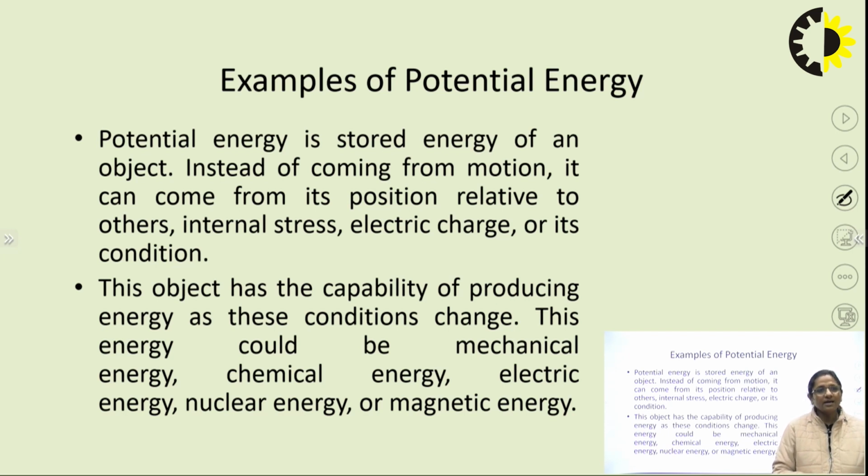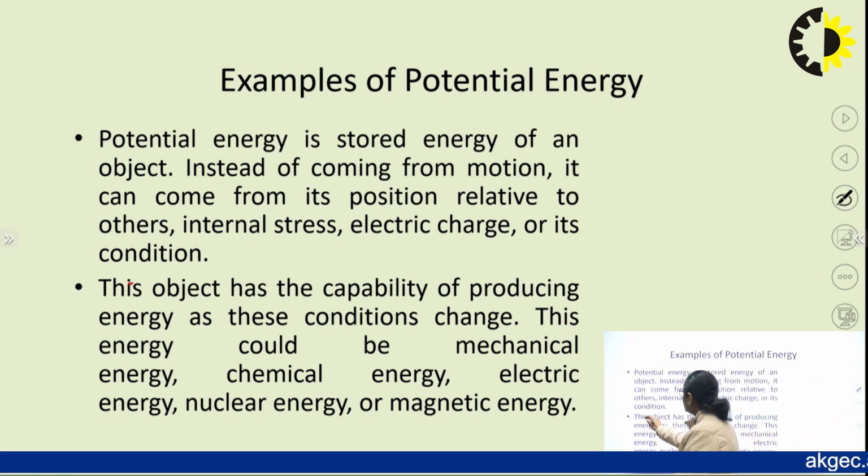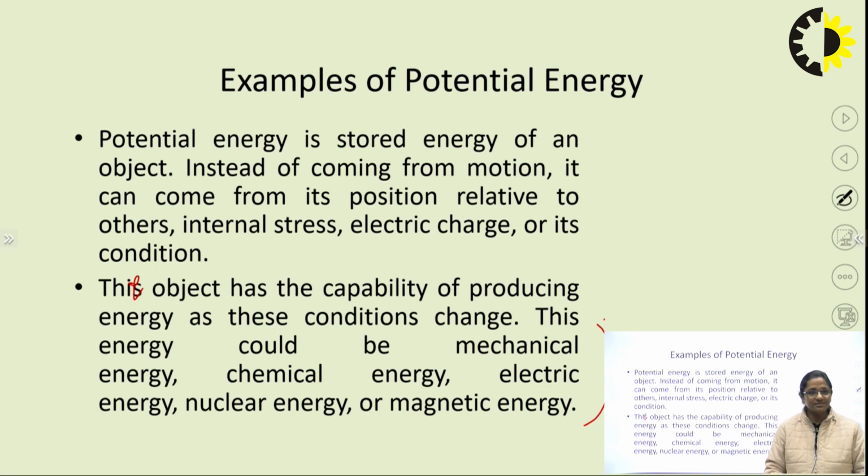The object has the capability of producing energy as the condition changes. This energy could be mechanical energy, chemical energy, electric energy, nuclear energy or magnetic energy. So I would call them mechanical potential energy, chemical potential energy, electric potential energy, nuclear potential energy or magnetic potential energy.